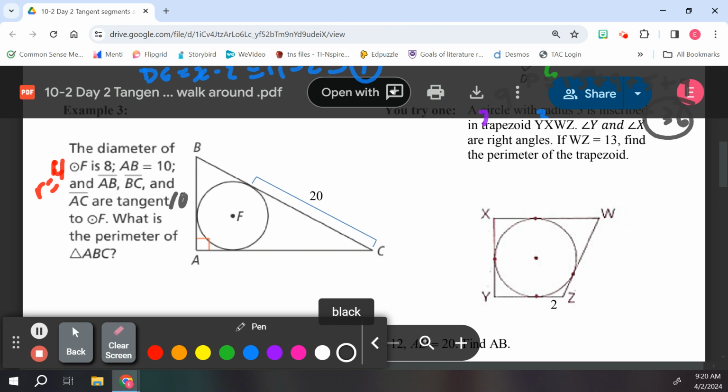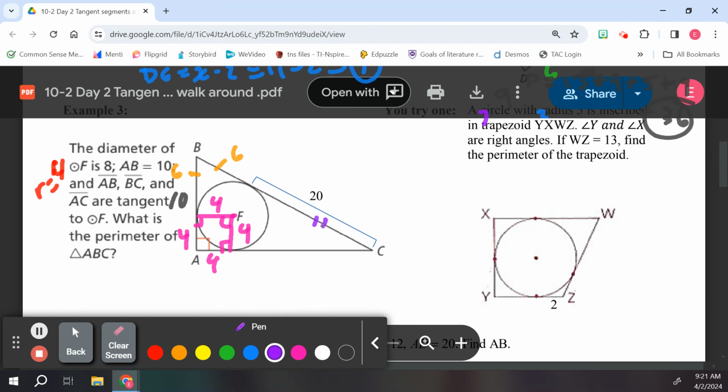Well, how do you find that when you're not given the whole side? Use the radii to help you. So if I do a radius here and here, I know that those are going to be perpendicular, right? Creating a square. So if this is 4, this is 4, but that also makes this part 4 and this part 4. And now we have something we can go off of to find the rest. Now remember, this is going to be congruent with this, so this will be 6.